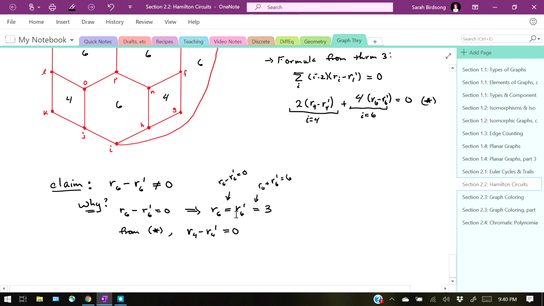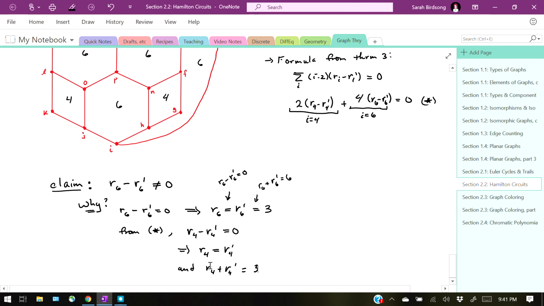Well, if that's true, the same thing happens that we just did up here. This would imply that the number of degree 4 faces inside your supposed Hamilton circuit and outside your supposed Hamilton circuit has to be the same. Well, what do we know? We know that the sum of those two together was supposed to equal 3.